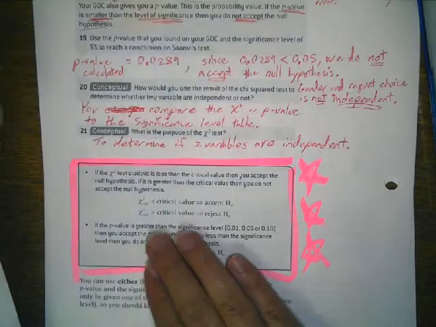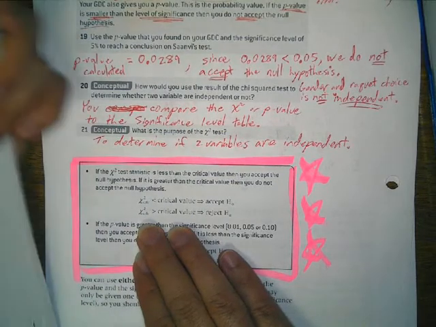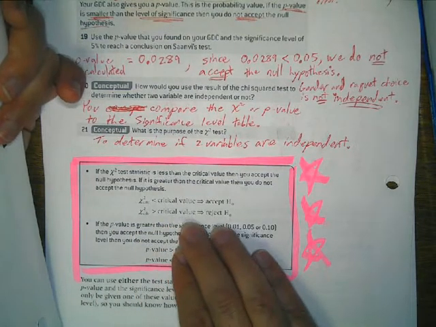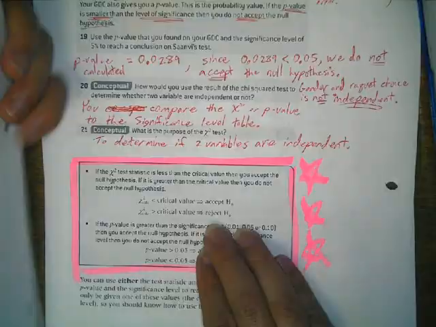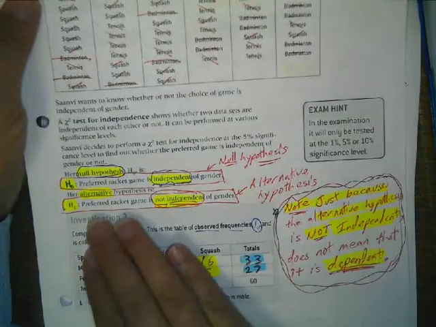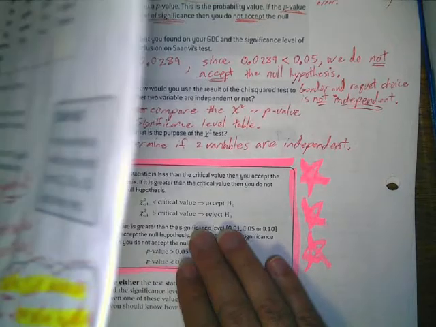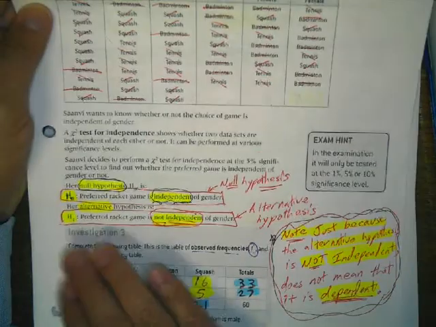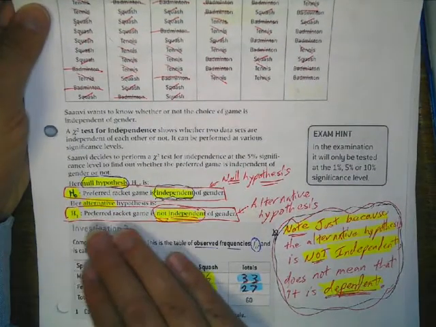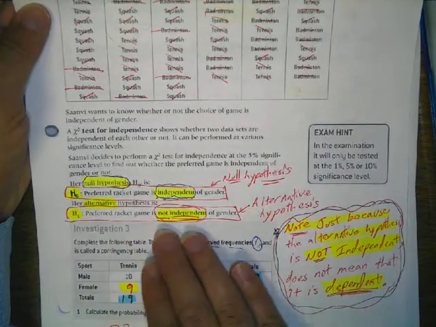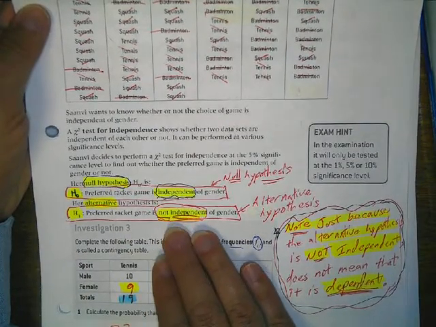If your chi-squared calculated value is greater than the critical value, we reject the null hypothesis. If we reject the null hypothesis, we accept the alternative hypothesis, which just says the two things that we're comparing are not independent. Okay.